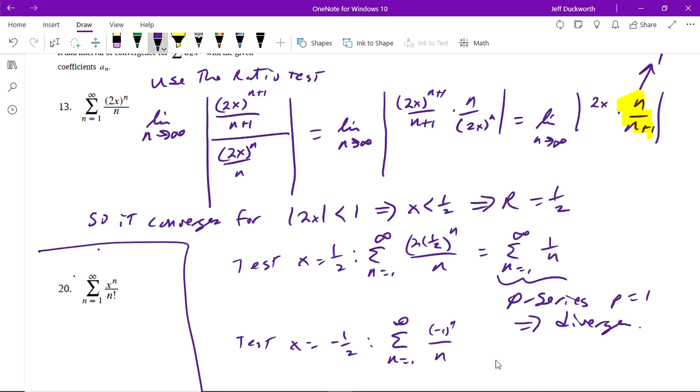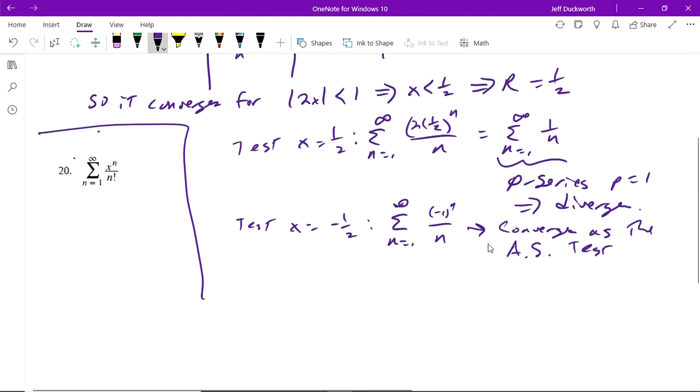This is an alternating series, and it converges, because the limit as n approaches infinity of 1 over n equals 0.